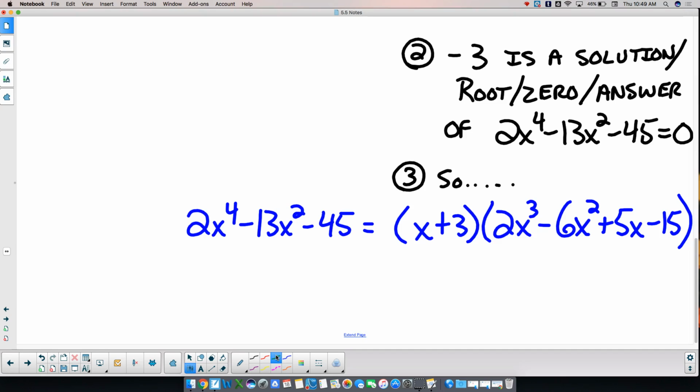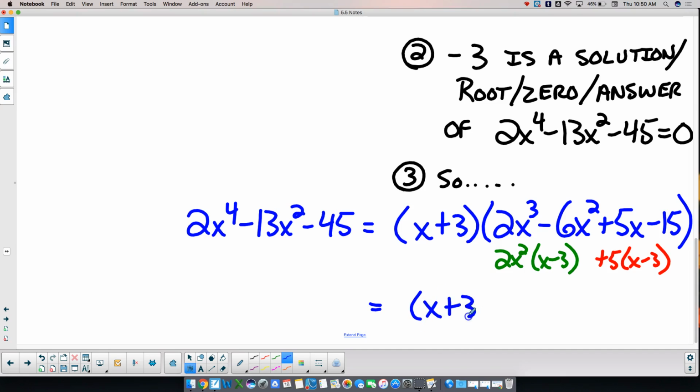Group it. So if we needed to factor it completely, we could keep going then.